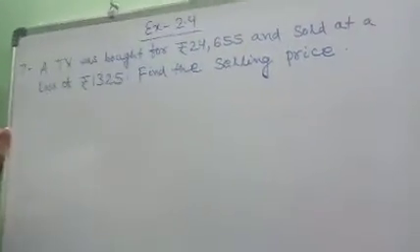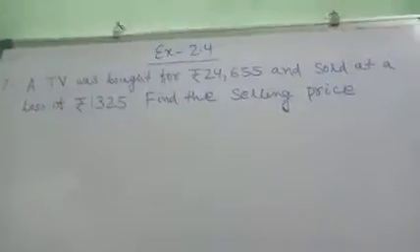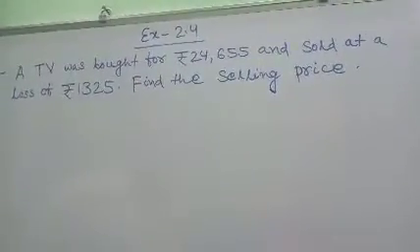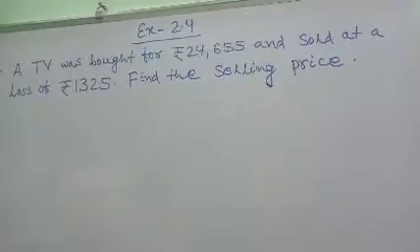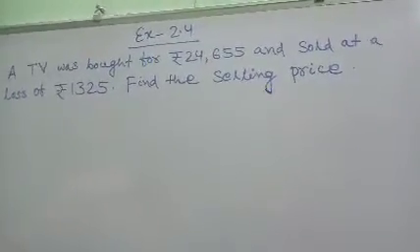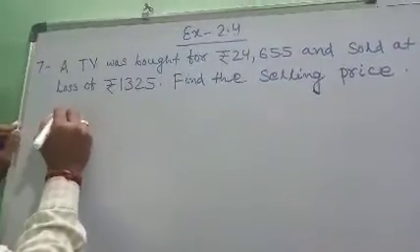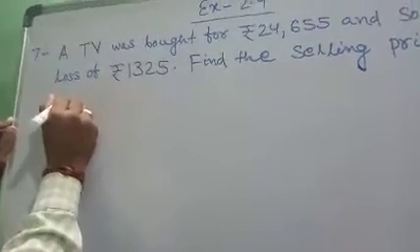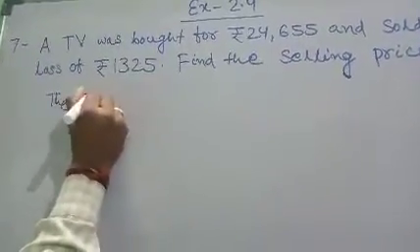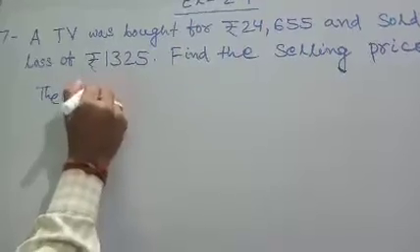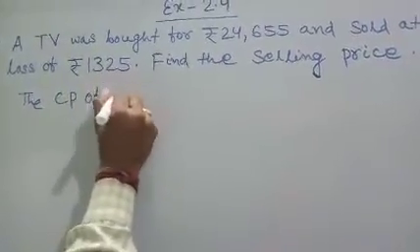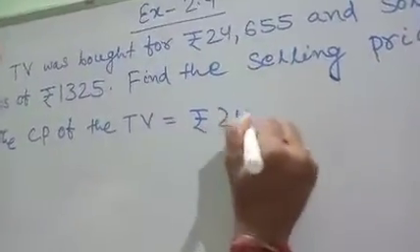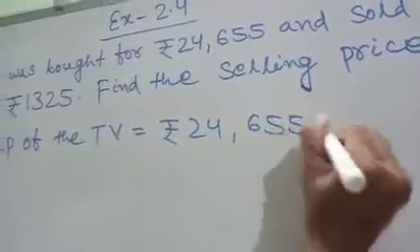As for the formula, if CP is given and loss is given, the formula for SP will be what? SP equal to CP minus loss. So let's write in statement form. The CP or cost price of the TV equal to 24,655 rupees.